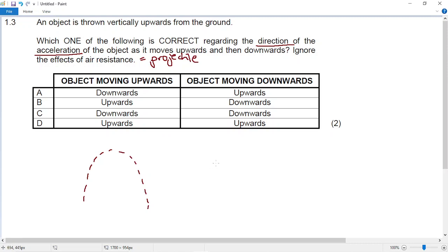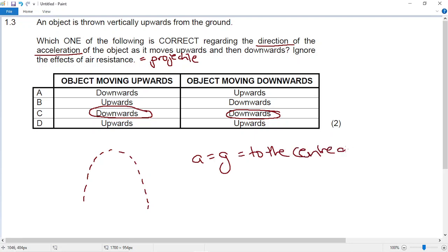And as we all know, gravity is caused by the fact that the Earth contains particles. Where does the force act? Downwards. It doesn't matter when the object is moving upwards or the object is moving downwards. The acceleration is always equal to g, which is always to the center of the Earth.